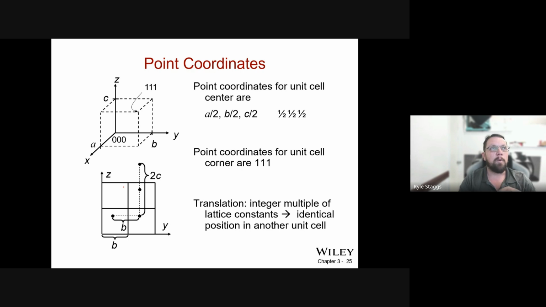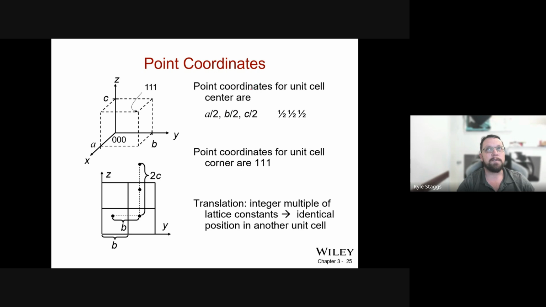The 111 is the coordinates X, Y, Z, one for each of them. So 000 being the origin. This means that the unit cell corner is positioned at 111.